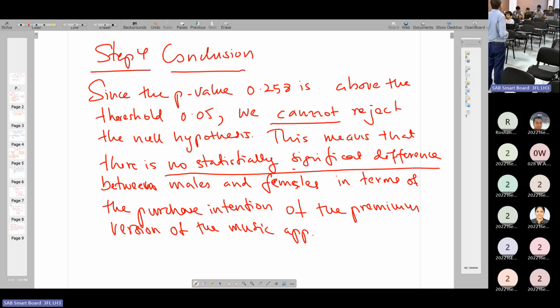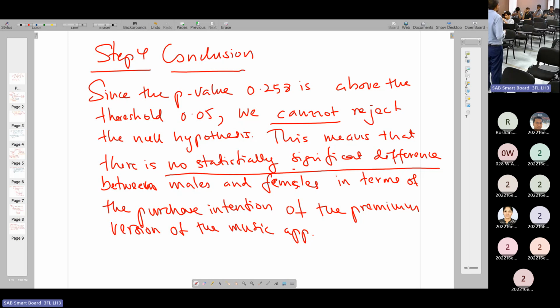Right. Then step number 3. What's step number 3? Using SPSS, calculate or estimate the sig value, the p value. P equals what? 0.258. So, step number 4, conclusion. What's your conclusion?